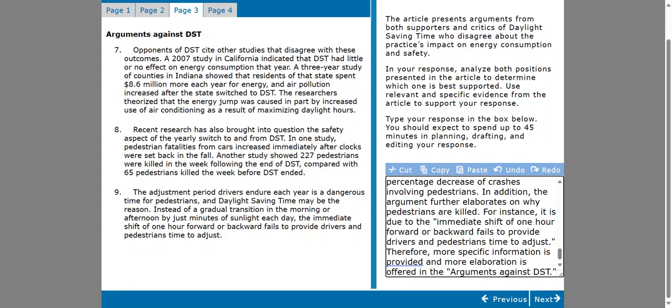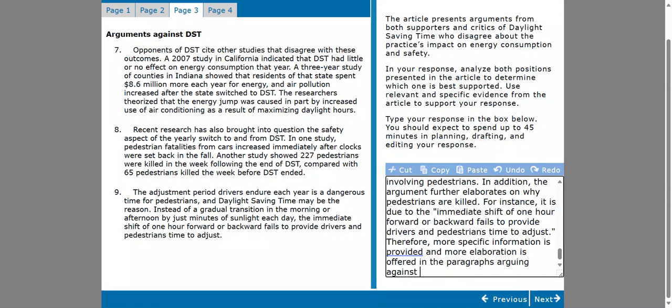And so I can say that, right, writers, therefore, more specific information is provided and more elaboration is offered in the paragraphs arguing against DST. Let's say that. In the paragraphs arguing against DST. And let's go with that, right, writers.